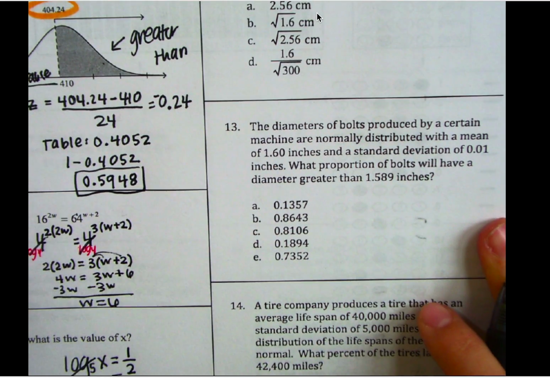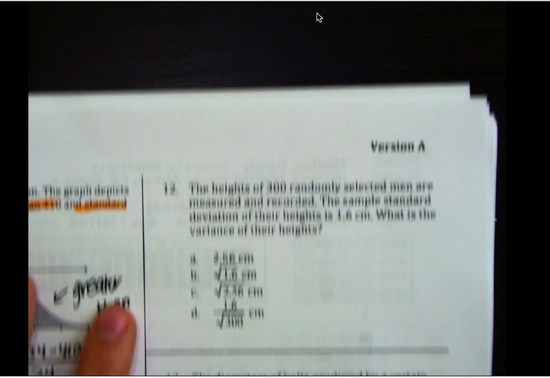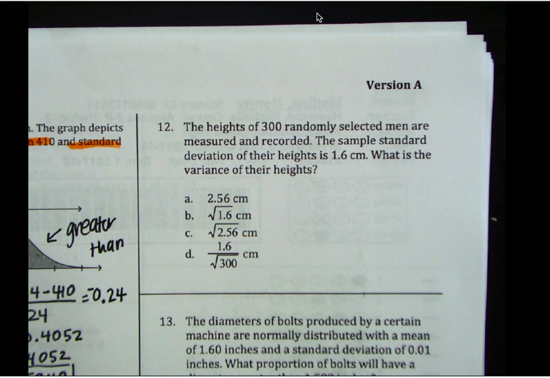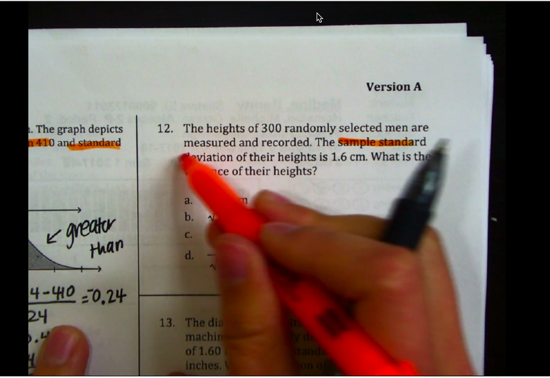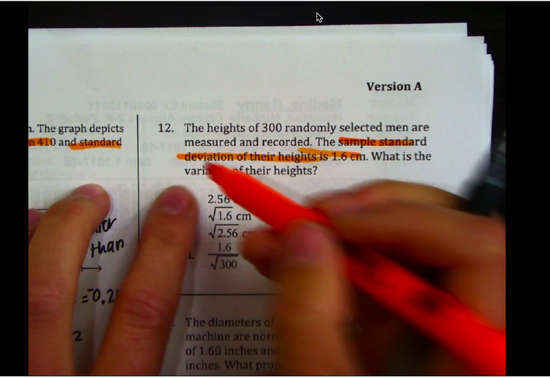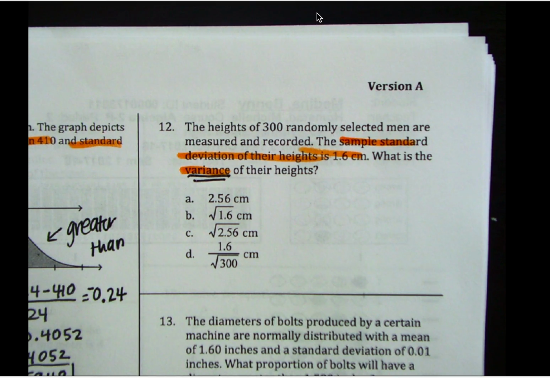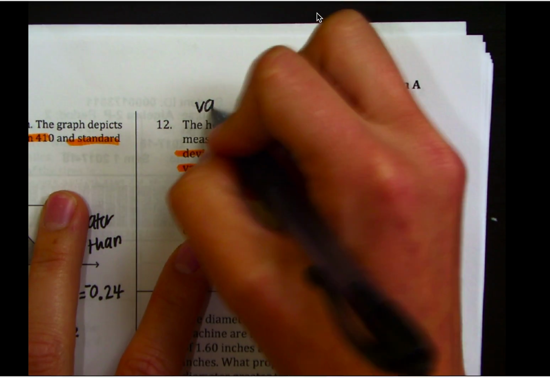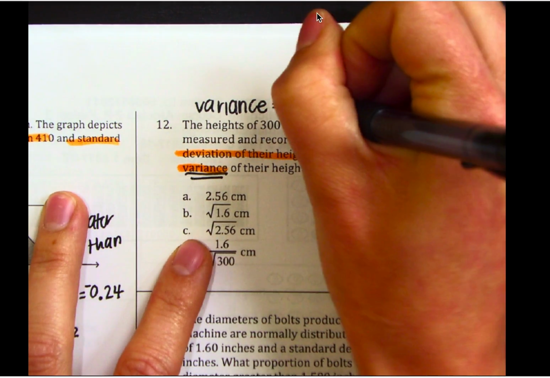Okay, number 12. The heights of 300 randomly selected men are measured and recorded. The sample standard deviation is 1.6 centimeters. We want to know the variance. Okay, so some of you have memorized that variance is just the standard deviation squared.